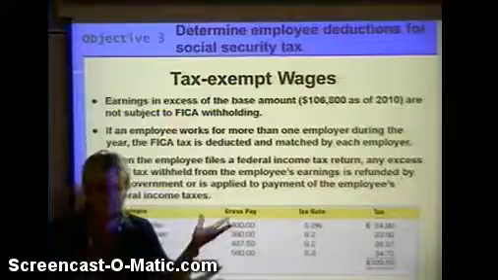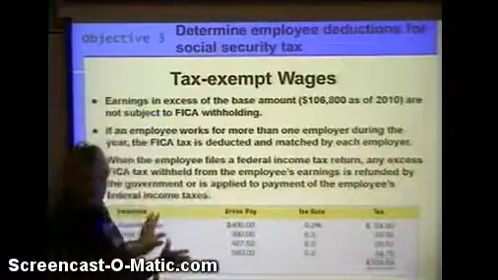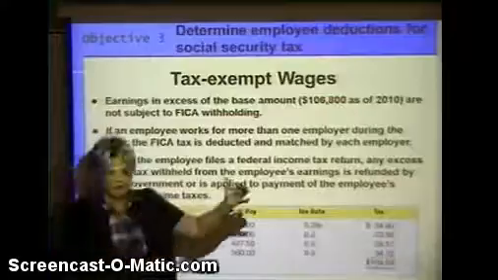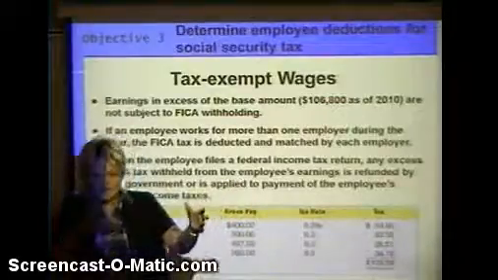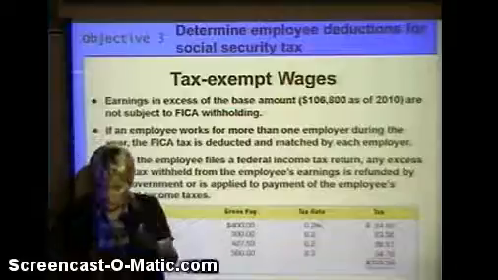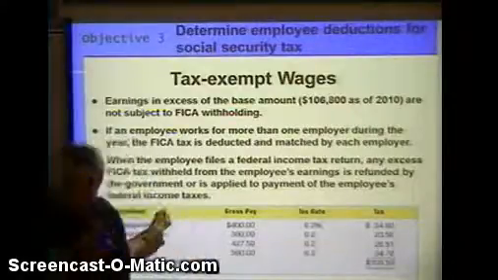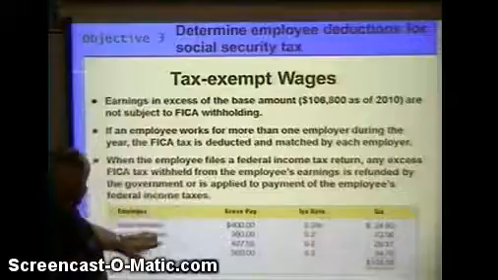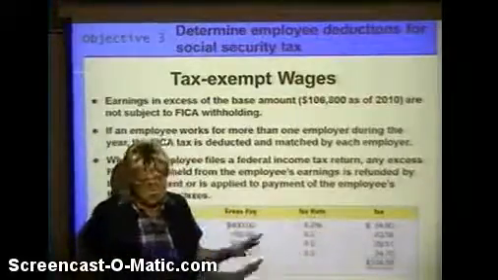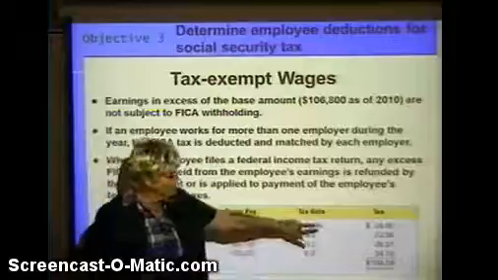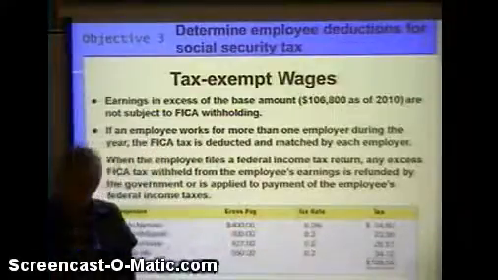So once we determine their total gross pay, then we go to the next column. You'll have a spreadsheet usually that goes across the page, and in the next column, you're going to figure their Social Security amount. You just multiply. So you just take your 400 times your 6.2%, whatever their gross amount is, and come up with the amount you have to deduct from that paycheck.